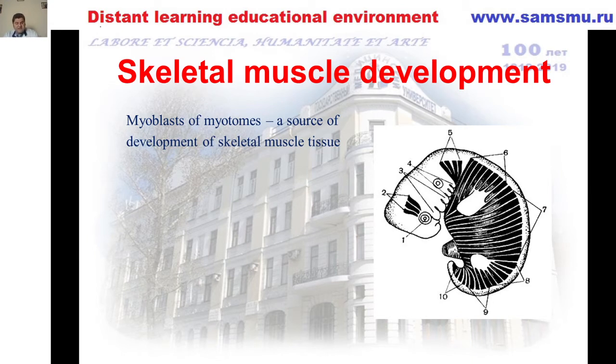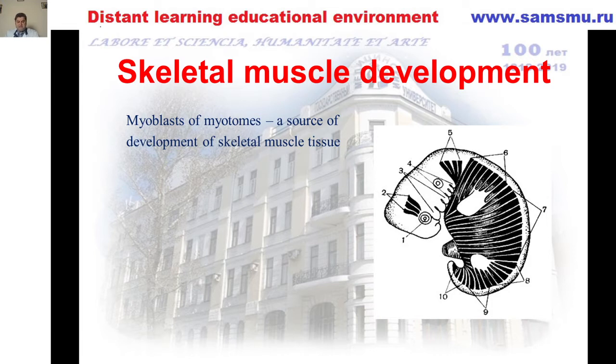The dorsomedial part of the somites, the myotomes, as they grow, is divided in two parts, dorsal and ventral. The back muscles develop from the dorsal part, and the muscles located on the anterior and lateral surfaces of the trunk develop from the ventral.